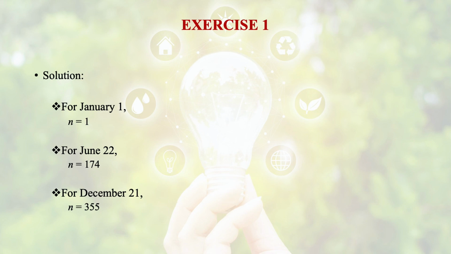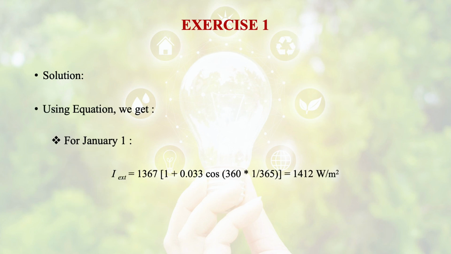Then for December 21, n is equal to 355. Now put in the equation which was I_EXT, that is I extraterrestrial is equal to solar constant into 1 plus 0.033 cos(360n/365).